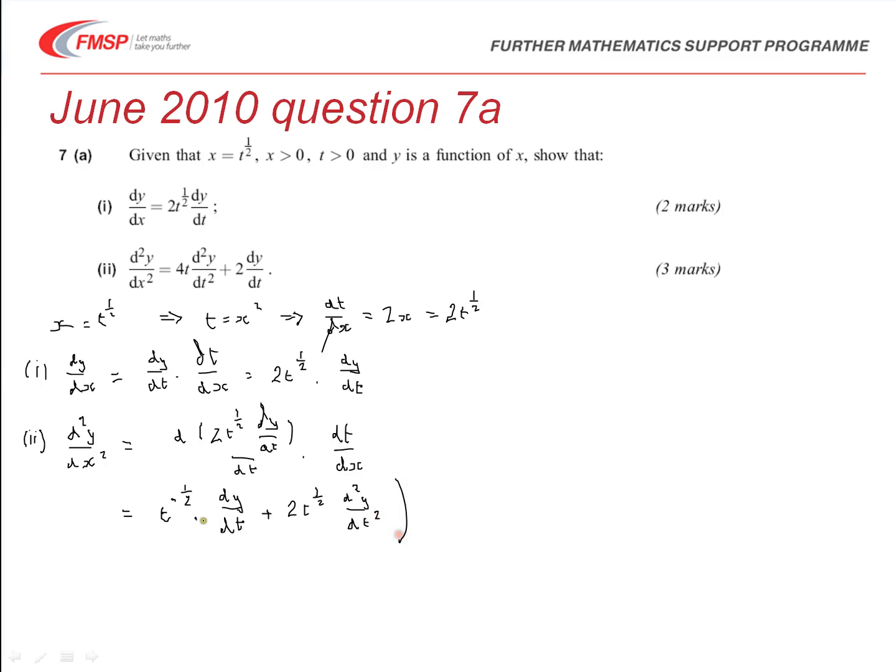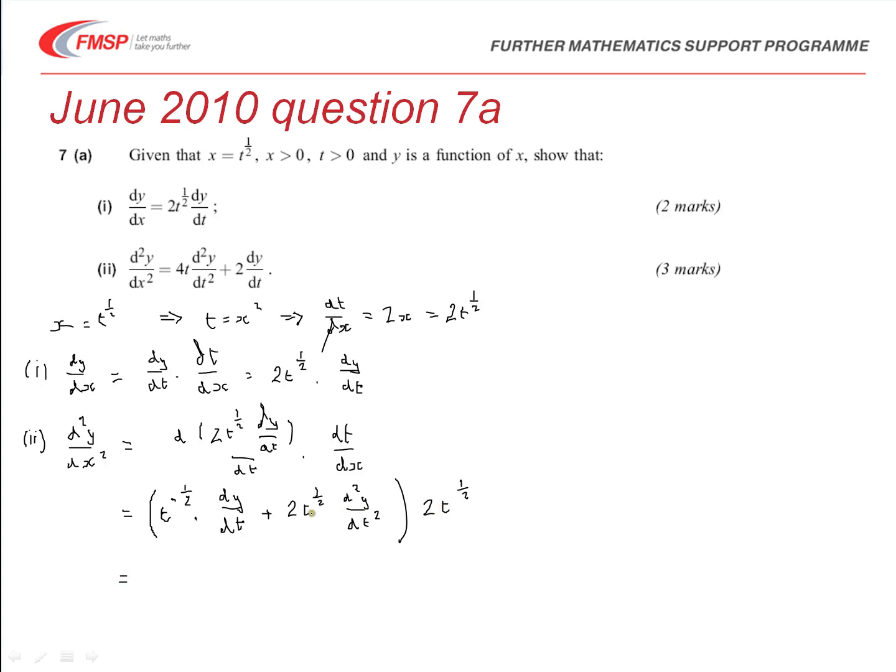And then all of that has got to be multiplied by dt by dx, which we know is 2t to the half.